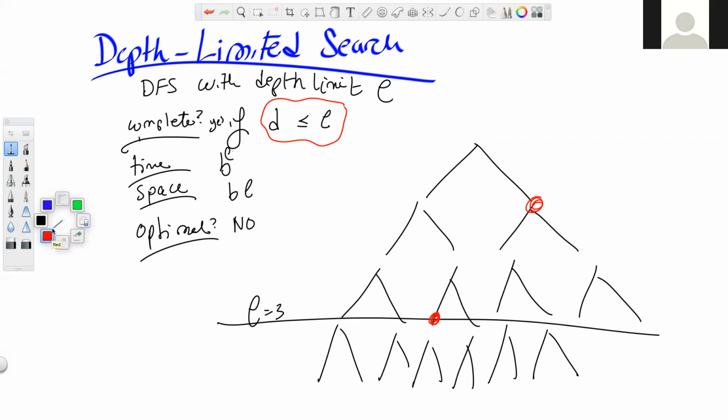Breadth first search was complete, and here we'll get completeness under this. Okay, I made an improvement. This is better than breadth first search in terms of space. It's basically exponential time and it's worse. But the next thing we're going to do will make this domain independent, but will also generate a blast.